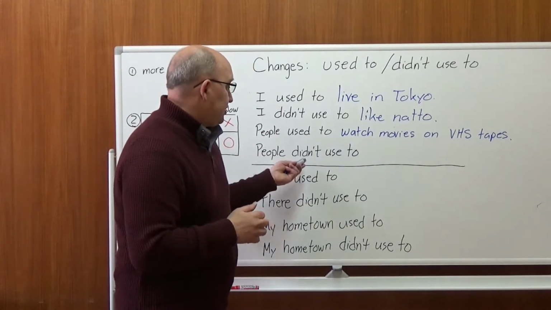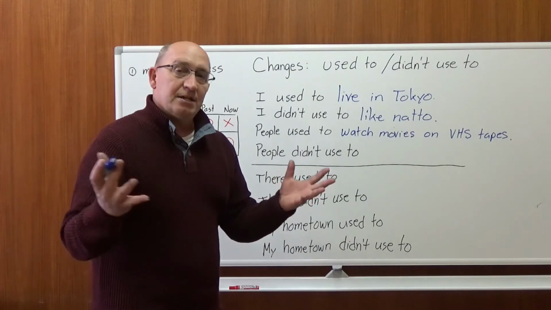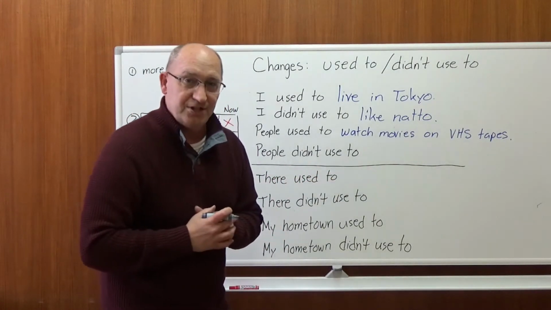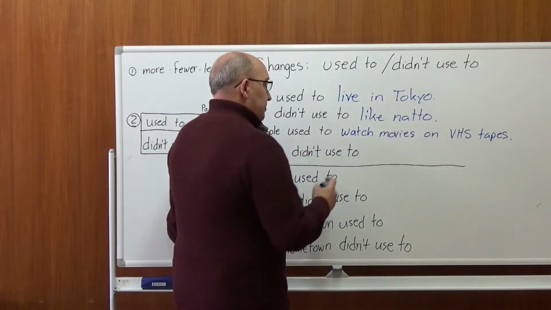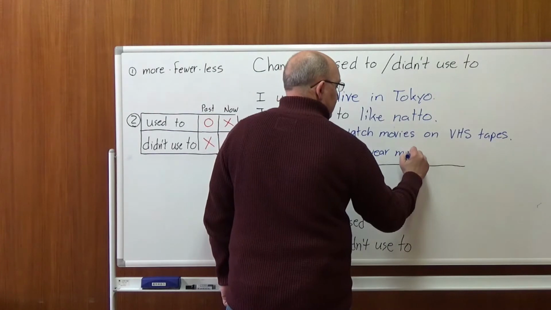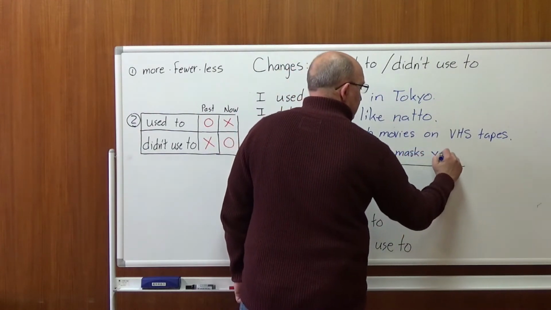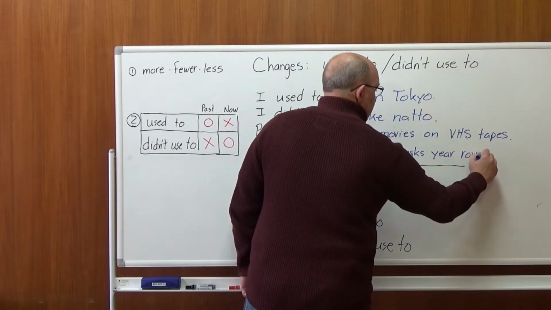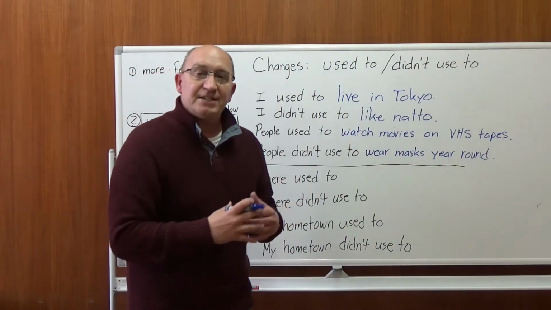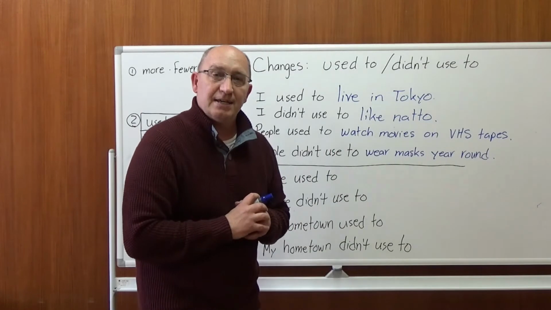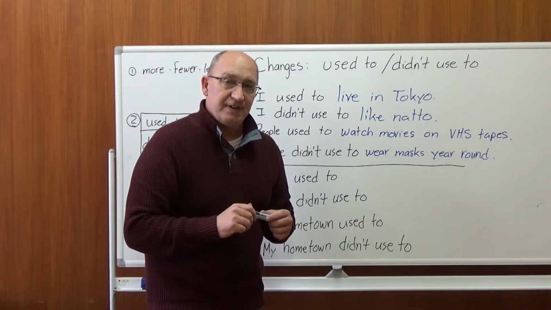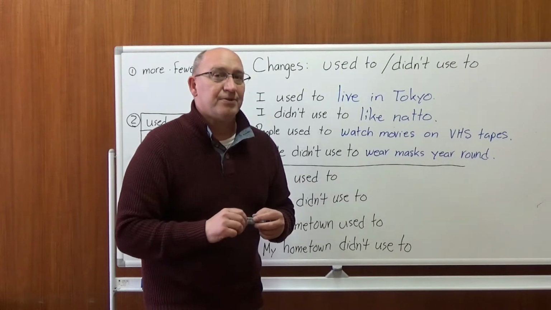Or something that didn't used to, again, being in a pandemic, maybe a lot of things changed. But for example, people didn't used to wear masks year-round. Maybe sometimes in winter, maybe sometimes in spring because of hay fever, but not year-round.